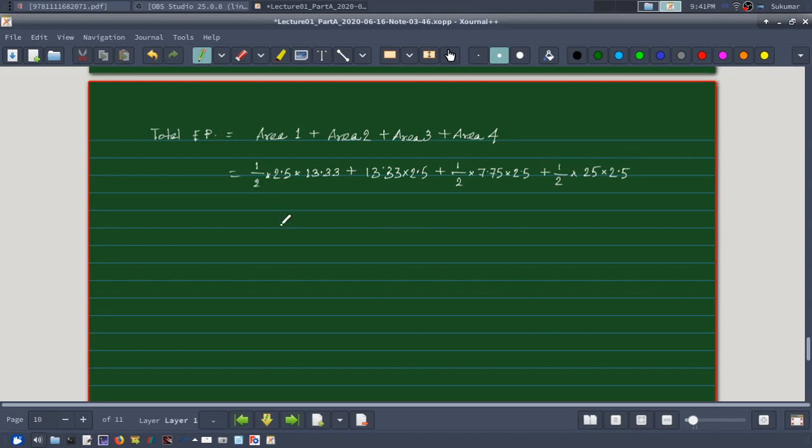So this comes out to be 90.925, and this unit will be in kilonewton, because kilonewton per meter square into area, actually it is kilonewton per meter length of wall.